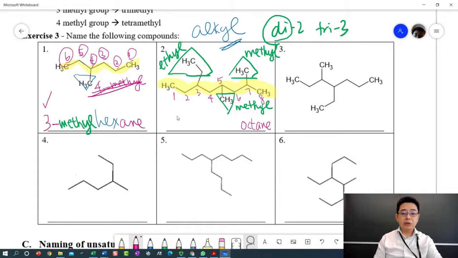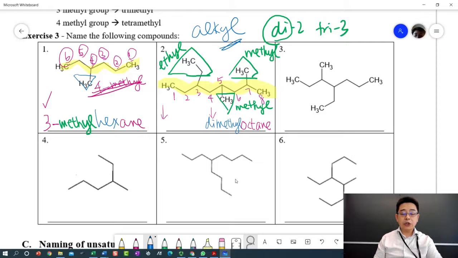So that means I will write ethyl group first. Ethyl group will be here, methyl group will be here. But I will work out the name from left to right. So I write methyl group first, another color. Methyl, I have 2, so dimethyl.